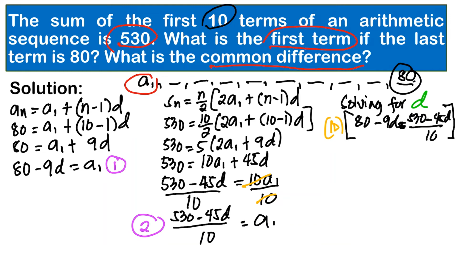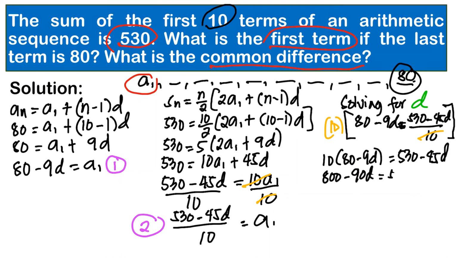This will give us 10 times 80 minus 9d, and here the 10 will be cancelled out, so this will give us 530 minus 45d. Simplifying, this will give us 800 minus 90d equals 530 minus 45d.